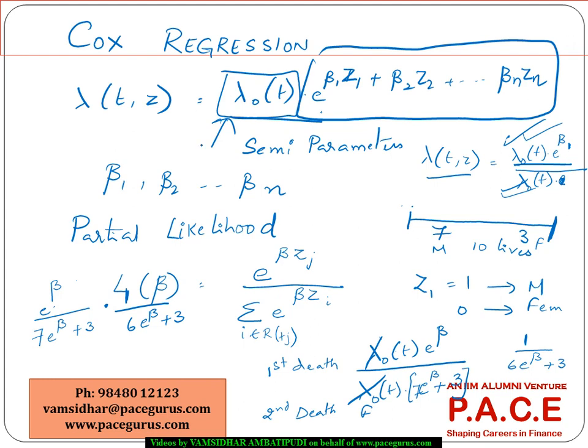So to give a better example, initially we had 10 people, 7 males, 3 females. Now during our observation period, first one male has died.